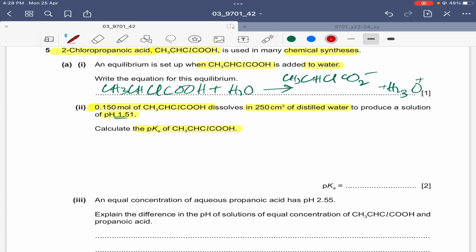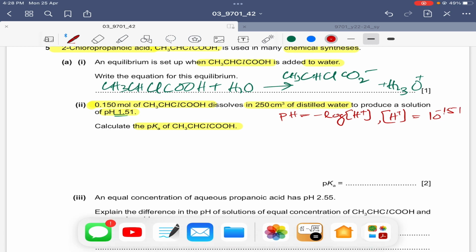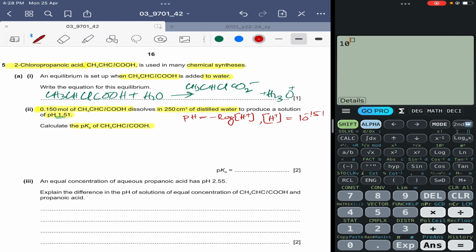So first of all, let's determine the H+ ion concentration in this weak acid solution from the pH formula. pH equals negative log of the concentration of H+ ion, so the concentration of H+ ion equals shift anti-log of minus 1.51, right? So this is equal to 10 to the power minus 1.51, and this is 0.0309. So this is the H+ ion concentration.